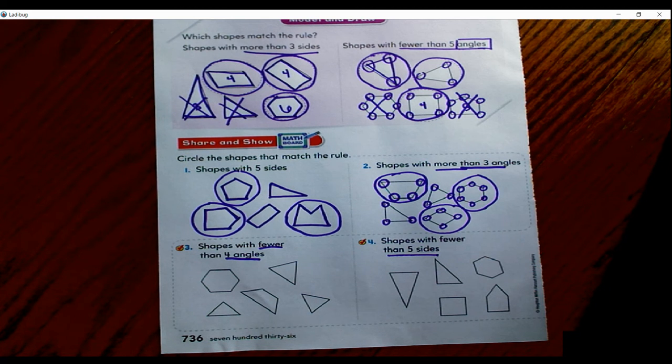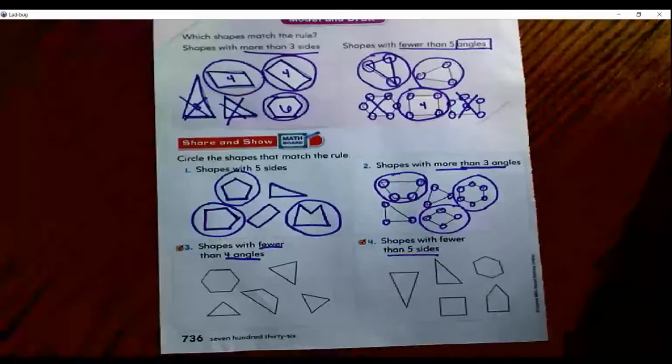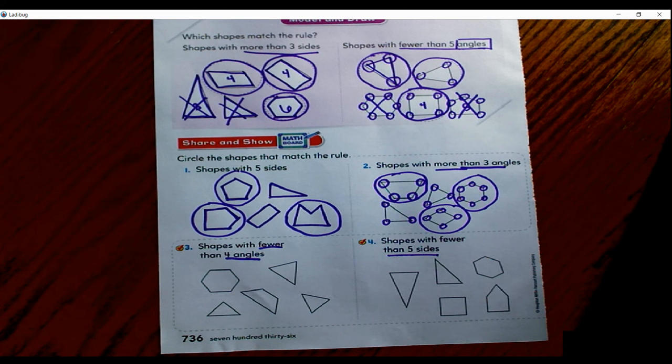So I'm going to give you a couple seconds here to think about what you're going to be looking for. And if you can just use your brains here and understand that 3 angles is a triangle, I can look here and pretty much know which ones are not going to have more than 3.